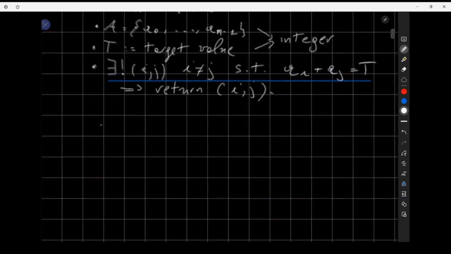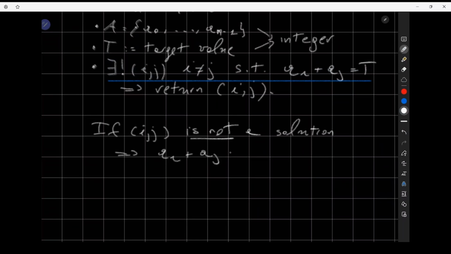If i, j is not a solution, then A_i plus A_j is not equal to t, and this implies that A_j plus A_i is not equal to the target, and therefore obviously this implies that j, i is not a solution.